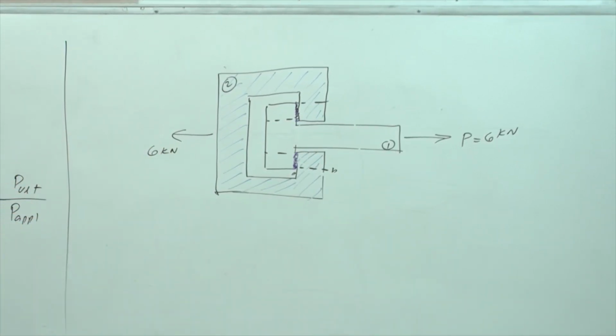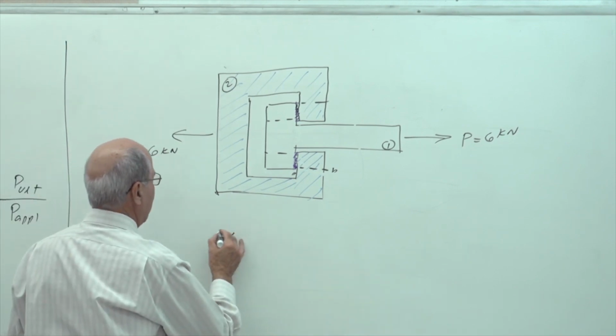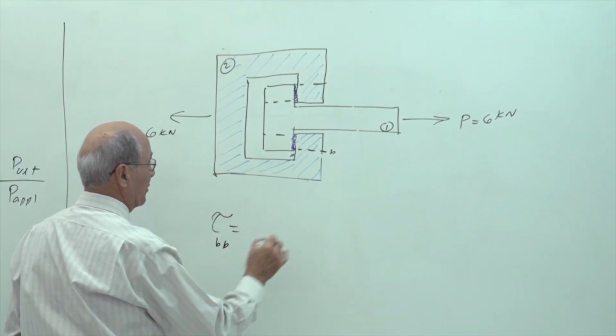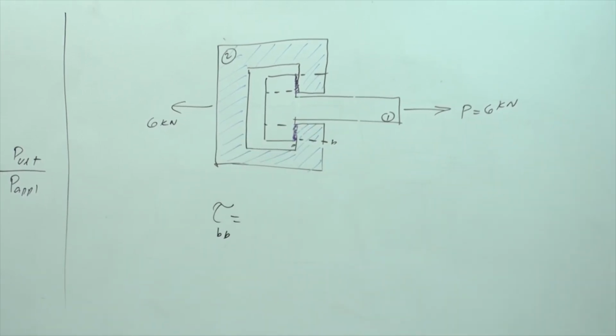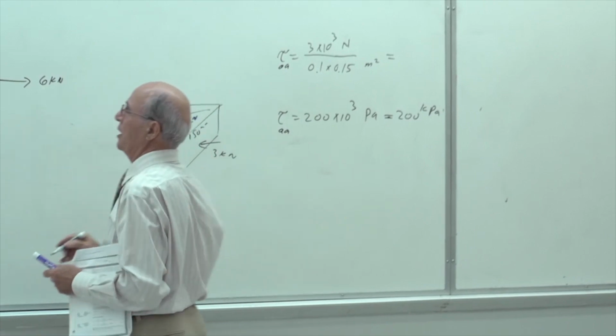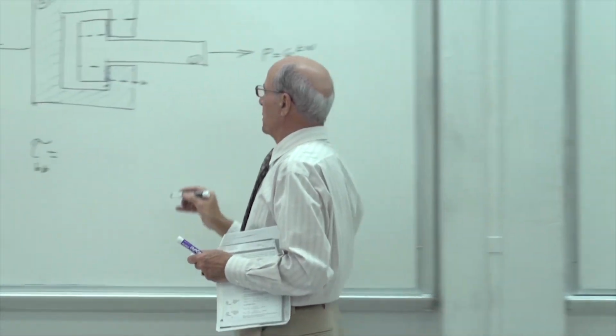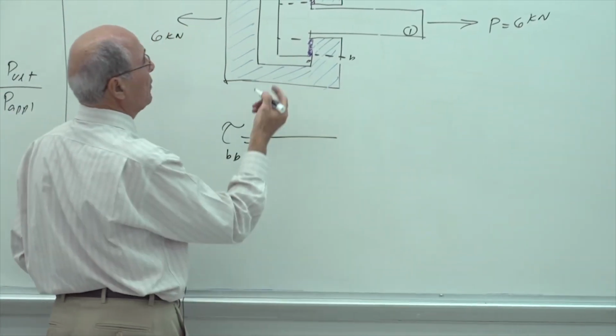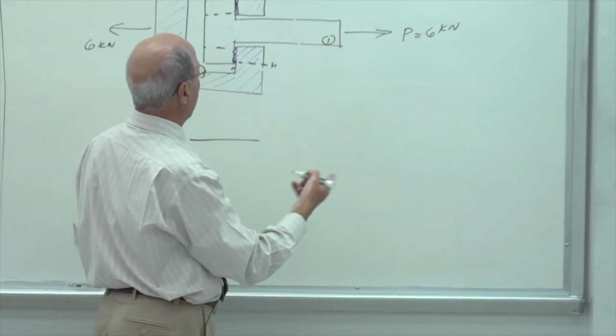So this time, tau is equal to tau for level BB. That one was tau for level AA, according to the picture I gave you. And here tau BB becomes equal to, again, force. The force is the same thing. Remember, I have to show you that.